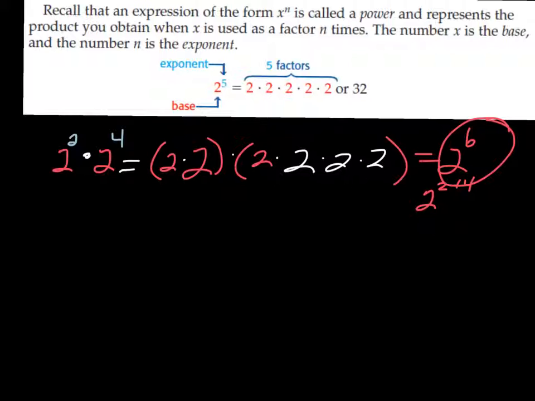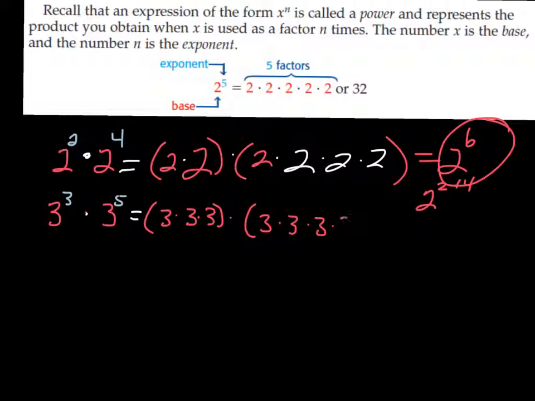Let's make up another one, see what we get. If we do 3 to the 3rd times 3 to the 5th, we'd have 3 factors of 3 times 5 factors of 3, so altogether I have 3 to the 3 plus 5, or 3 to the 8th factors of 3.